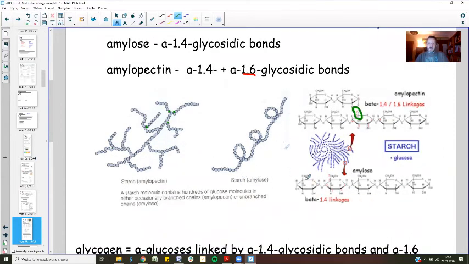Starch, because it's a very large molecule containing hundreds and thousands of glucoses, is very slightly soluble in water, so it cannot form a solution. This is very important for plants because they can store starch in unlimited amounts, because starch, being insoluble, does not affect osmolarity of cells.